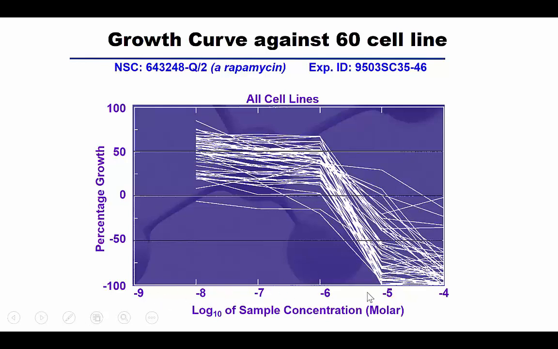Again, you can see the molar concentration on a log scale, and what is the concentration here? 10 to the minus 6 molar, that's micromolar, right? 10 micromolar, 100 micromolar, 100 nanomolar, 10 nanomolar. So the data looks like 5 concentrations tested against 60 different cancer cell lines that they keep as standard cells.